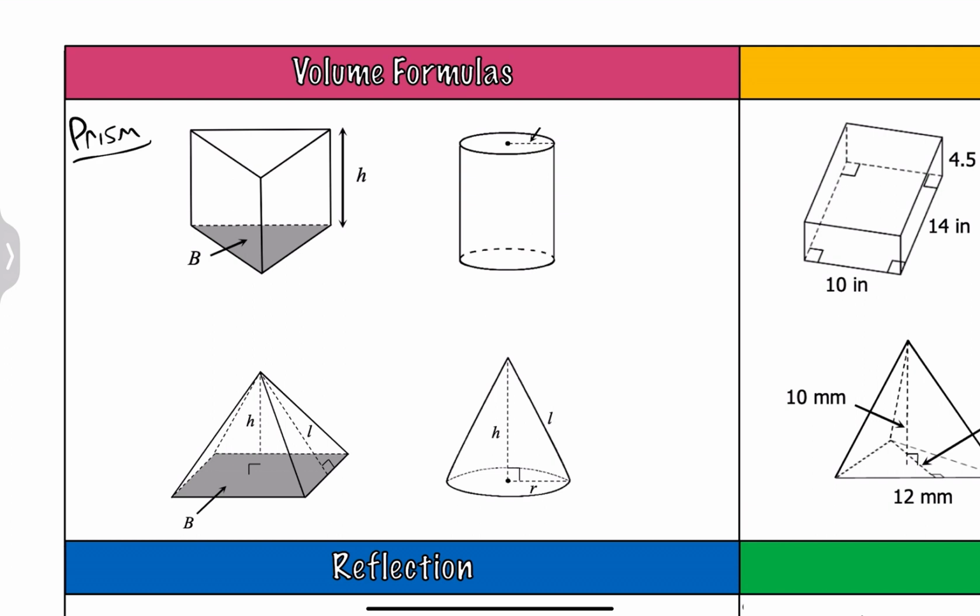You get a prism when you have 2 parallel and congruent base faces that are polygons, and straight sides.